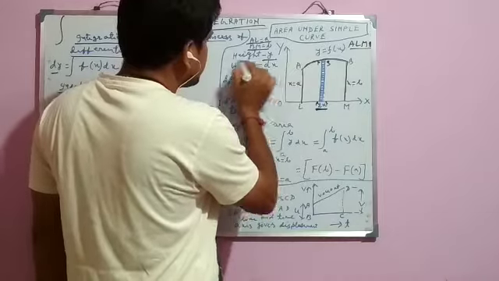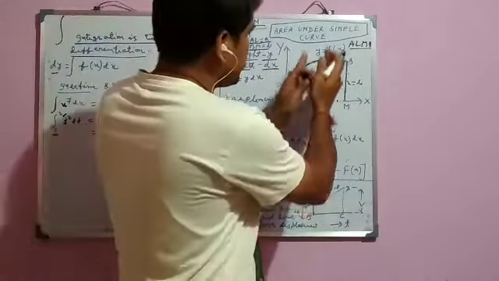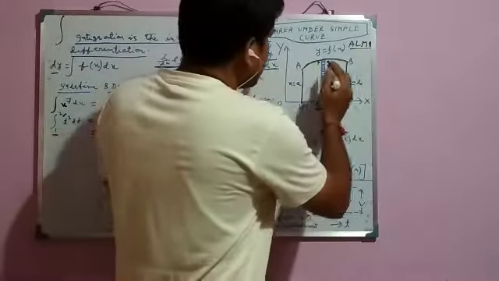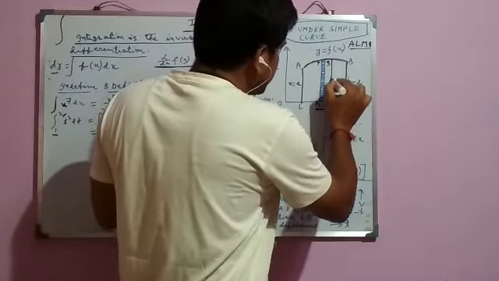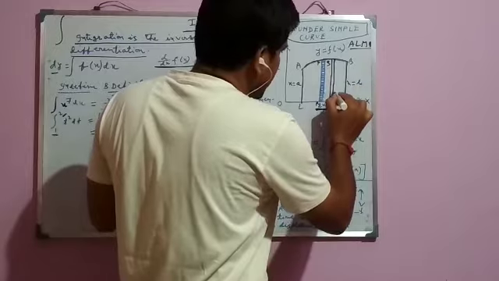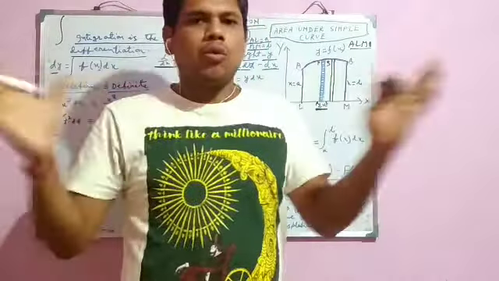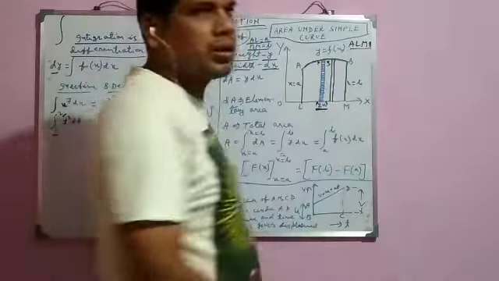If we draw a very small strip like this, whose height is almost the same and width is dx, then if we sum all the strips, we will get the value of the whole area.